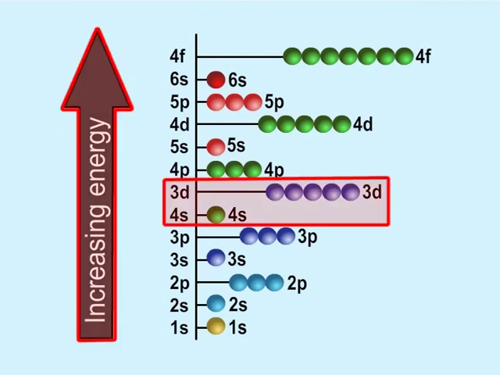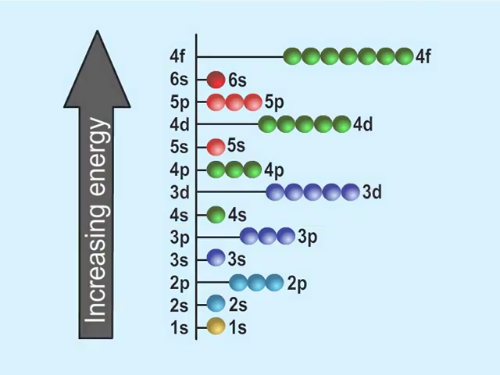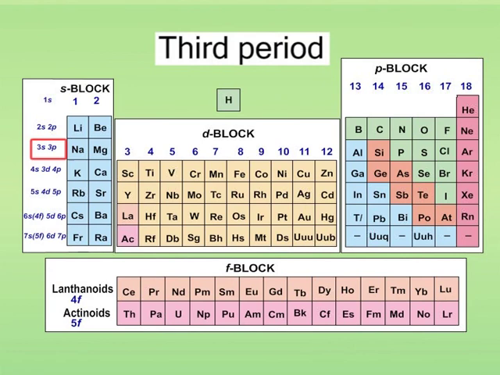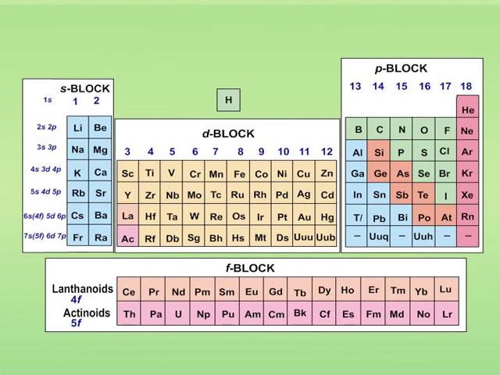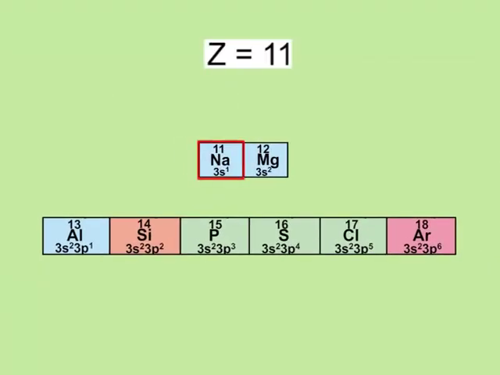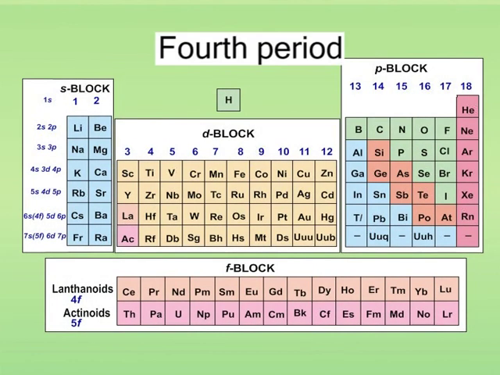Therefore, 3d orbitals are filled only after filling 4s orbitals. Consequently, the third period involves the filling of only 4 orbitals, one 3s and three 3p, and thus contains 8 elements from sodium or Z equals to 11, 3s1, to argon or Z equals to 18, 3s2 3p6.